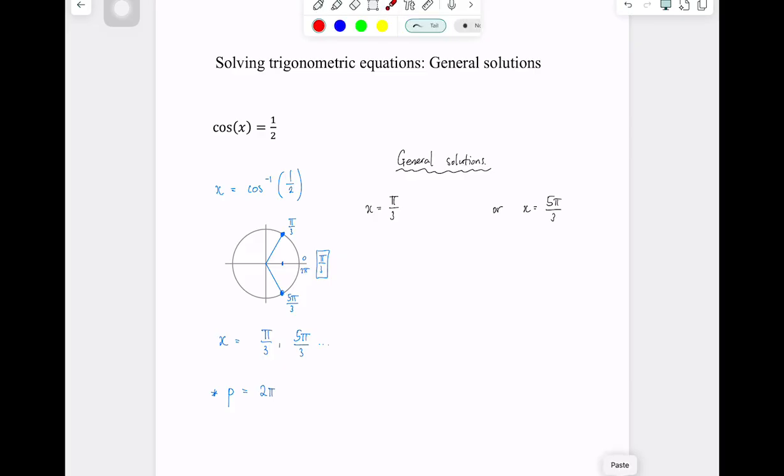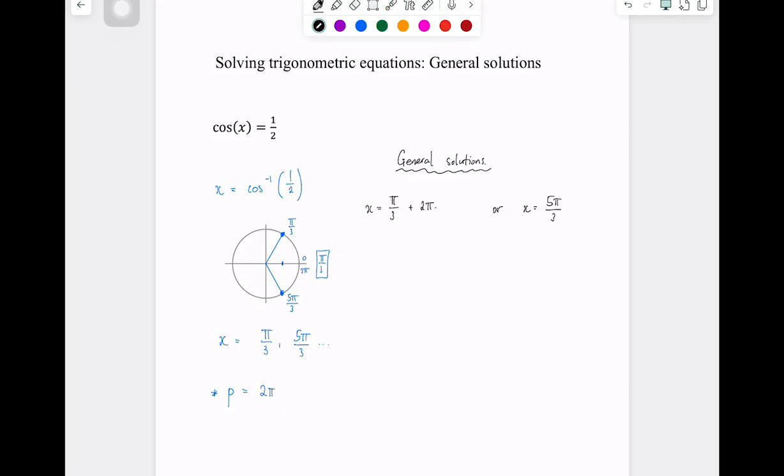In order for us to get back to this pi on 3 after a repeated number of revolutions, we need to add on 2 pi. We're going to add on 2 pi, but we're going to repeat that any number of times. So we can either go forward by adding, or we can go backwards.